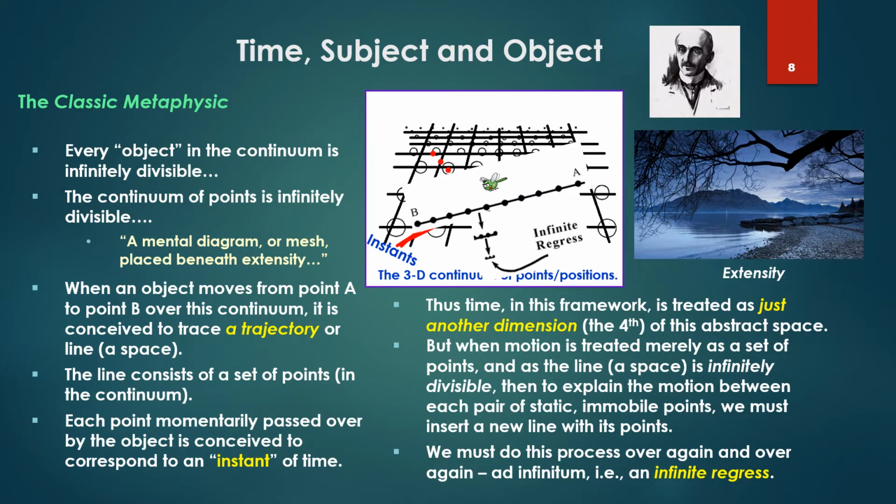And between each pair of points in that second line, we can introduce another line with, again, an infinitely dense set of points. In other words, this is an infinite regress. We must do this process over and over again, ad infinitum. Treating motion in this way as sets of points, always between each static point seems to be the motion.